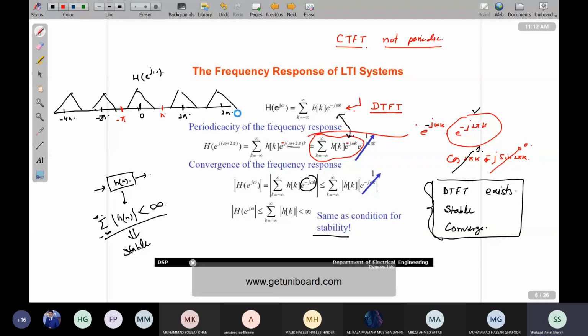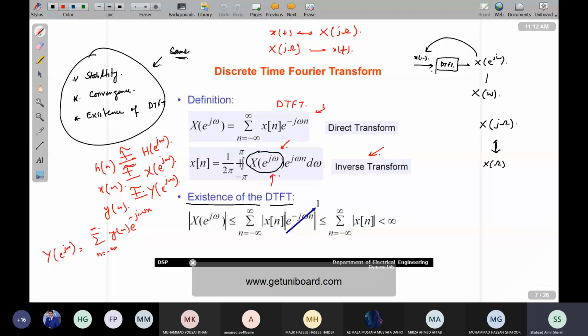Otherwise everything will be repeating. So that's why we are using minus pi to pi for the integration, because that's the unique version of the signal you will be getting here. As it is continuous, we are using the integration sign, and as a result you will get the samples of your x of n inverse transform. Is that okay?